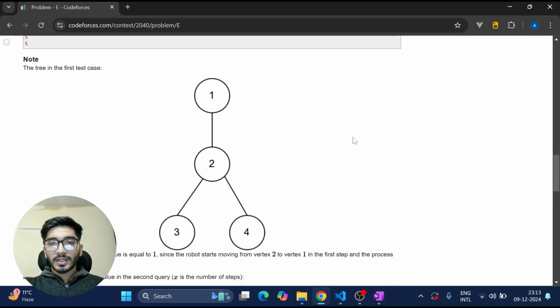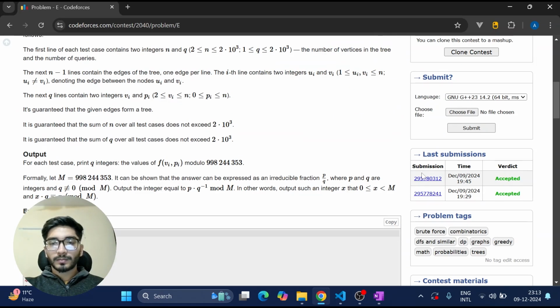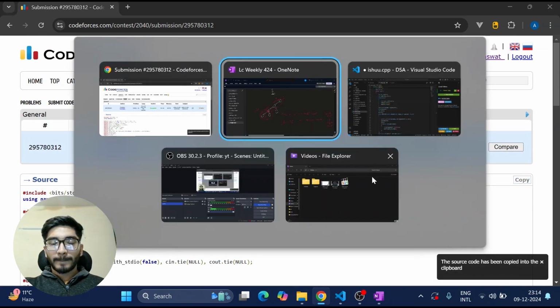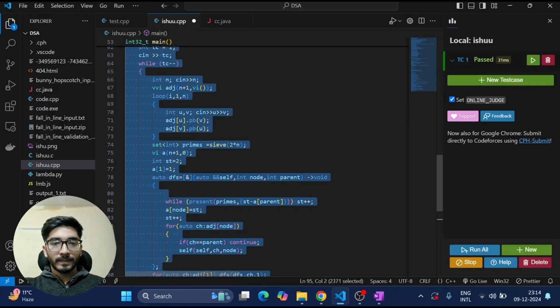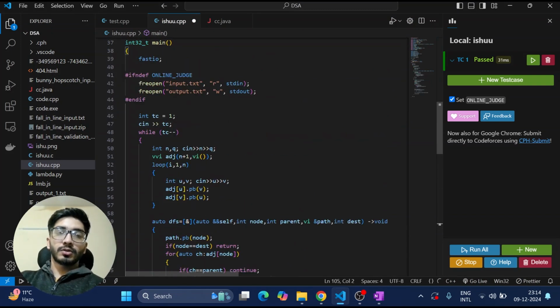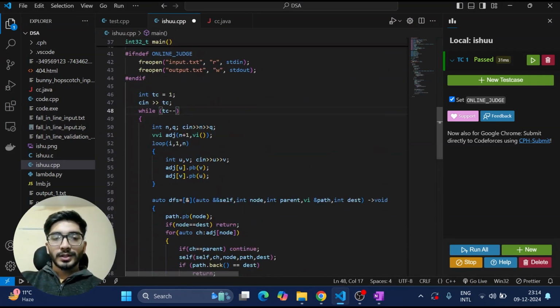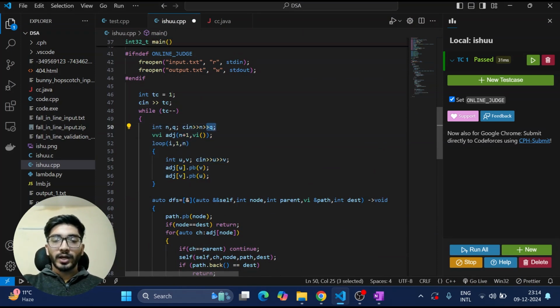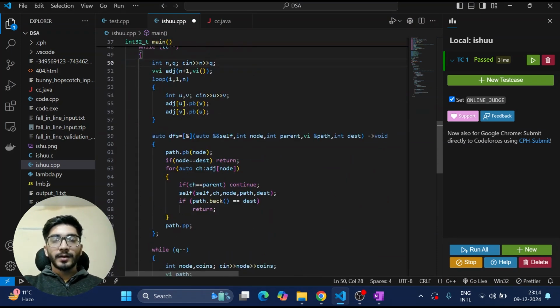Cool. So this was the main idea behind solving this problem, and it can be solved using this. And if we see the code for this problem, cool, it's here, copy, yes. So this is nothing but taking the tree as input, and we also have to take q while taking n.